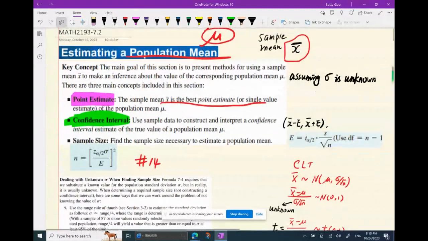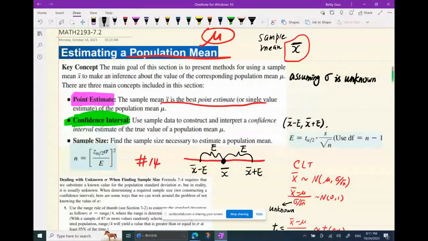The confidence interval for the population mean is an interval centered at x bar, with radius E. E is the margin of error. It describes the accuracy of your estimate. So here we're gonna have x bar plus E, and here we're gonna have x bar minus E.